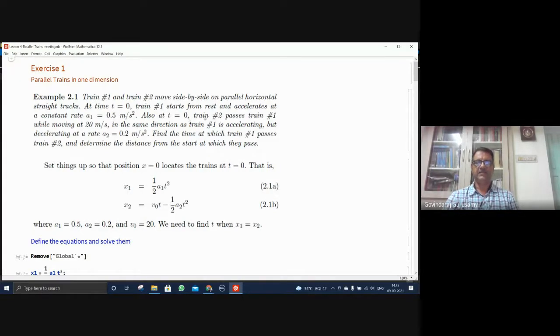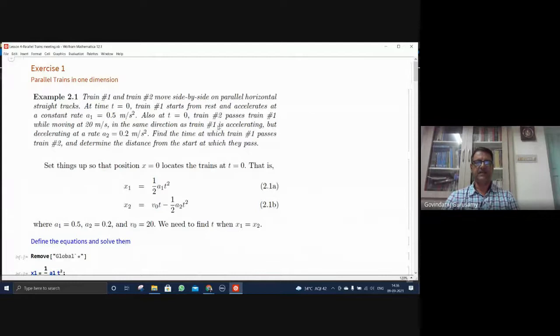At t equal to 0, train number 2 passes train number 1 while moving at 20 meters per second in the same direction.